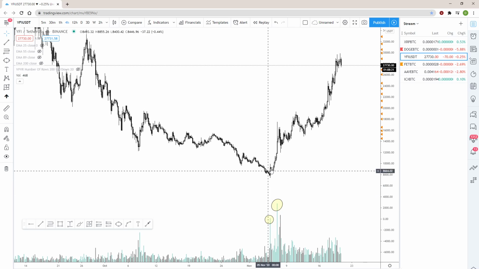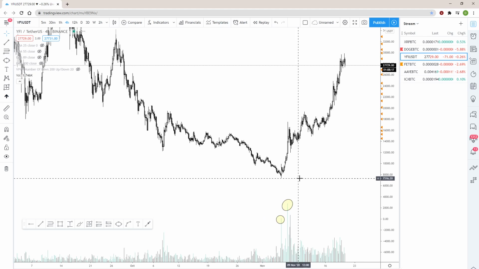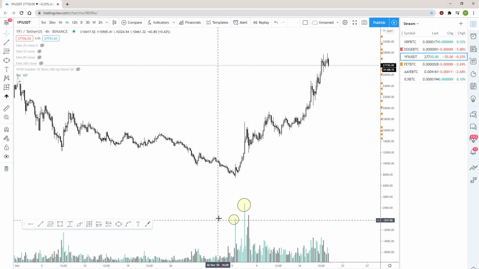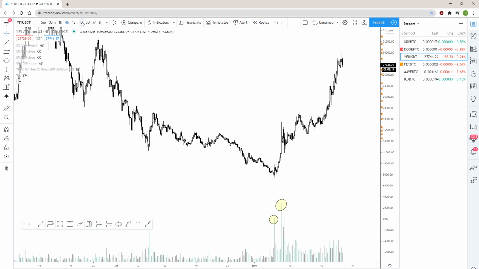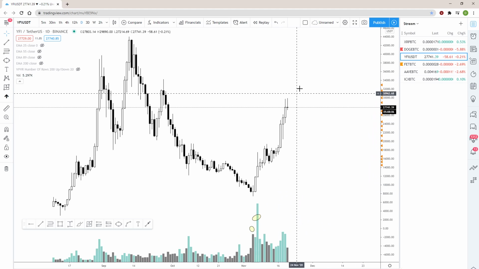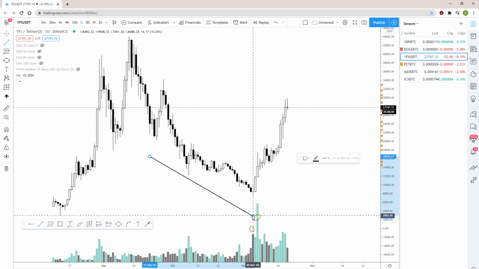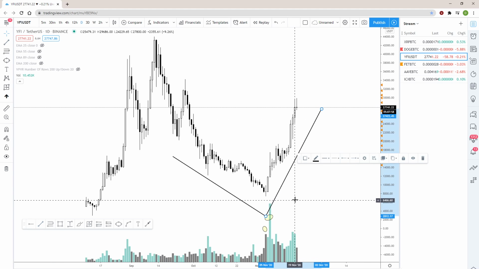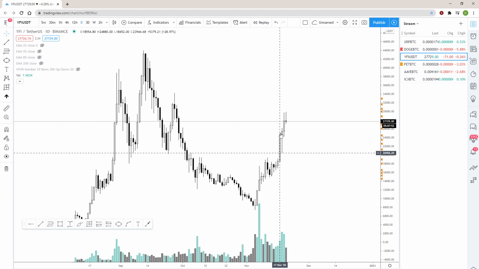It doesn't mean that it's necessarily the actual bottom, of course, but it's a pretty good indicator for volume that this is probably going to keep going higher. And price just kept blitzing up higher and higher. This is a V-shaped reversal. And so these are different patterns that you see for altcoin bottoms.